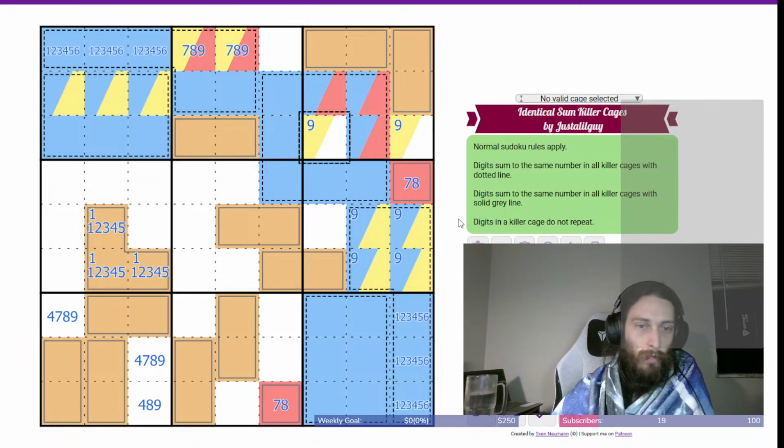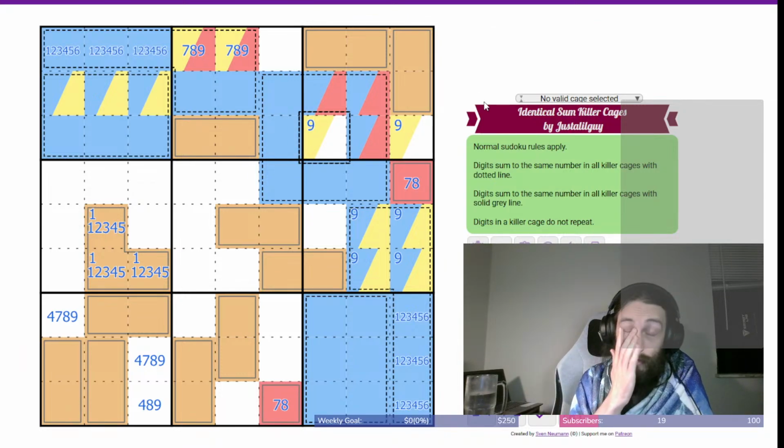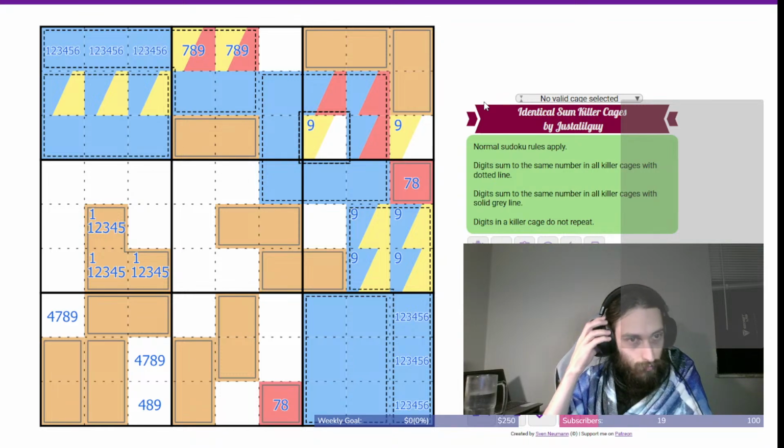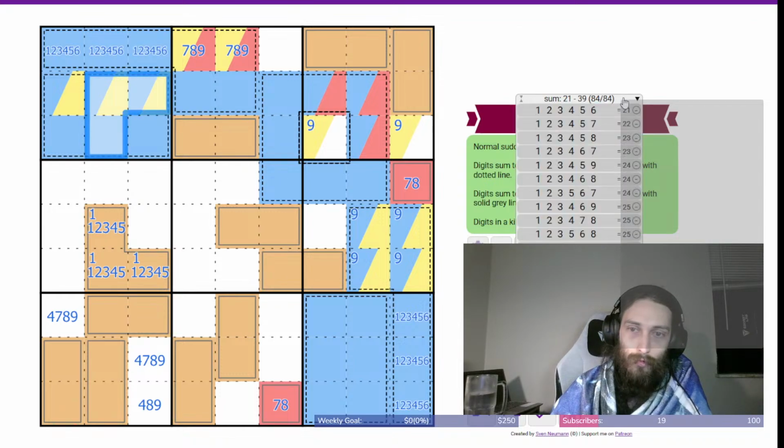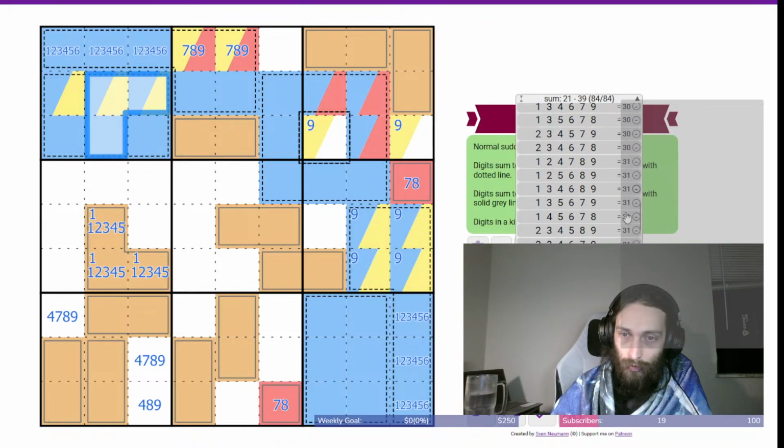What silly mathematical mistake am I making? I know this sums to 9. So these are 36.